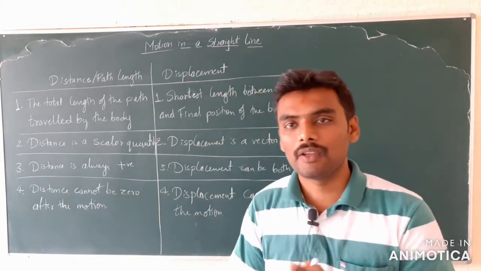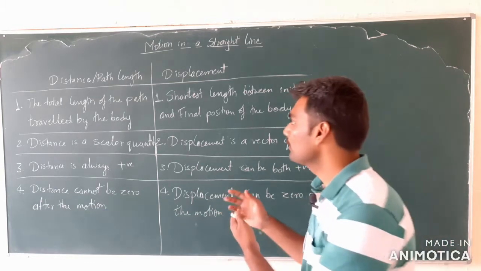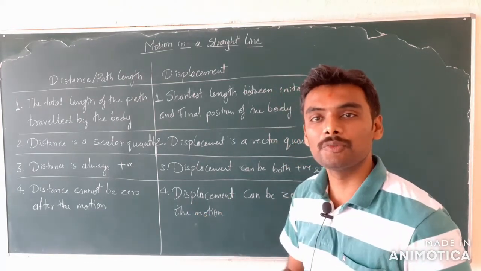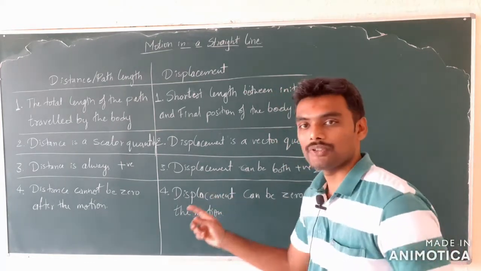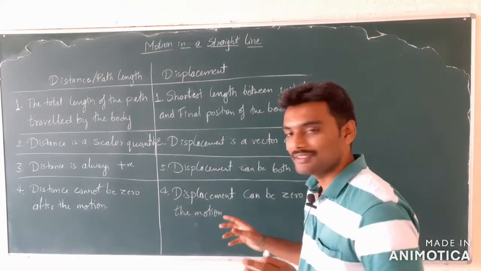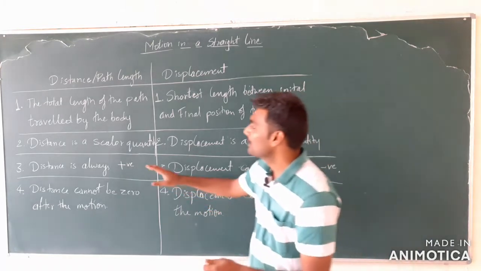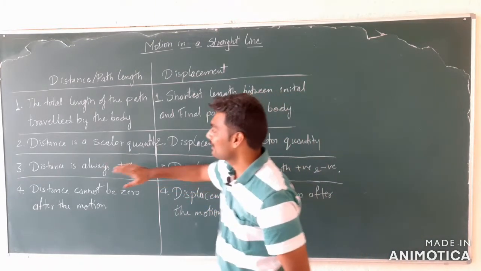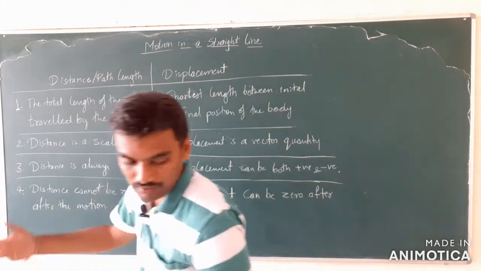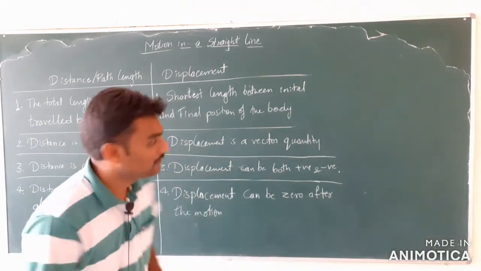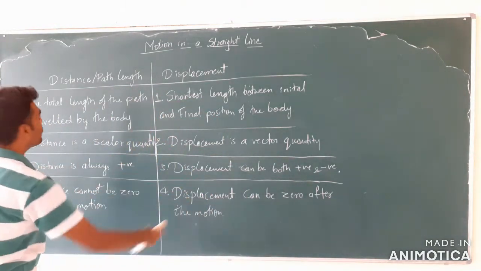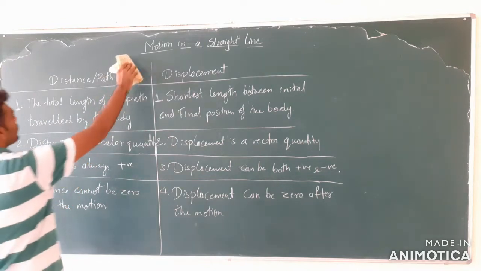Now, the same way, we are going to discuss the differences between speed and velocity. Many of the differences here remain the same. Like distance is a scalar quantity, instead of distance, we will put speed, and instead of displacement here, we will replace it by velocity.